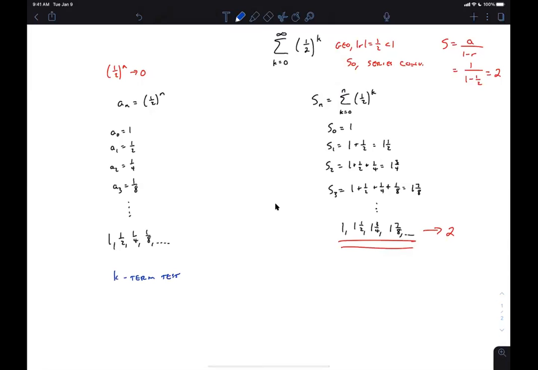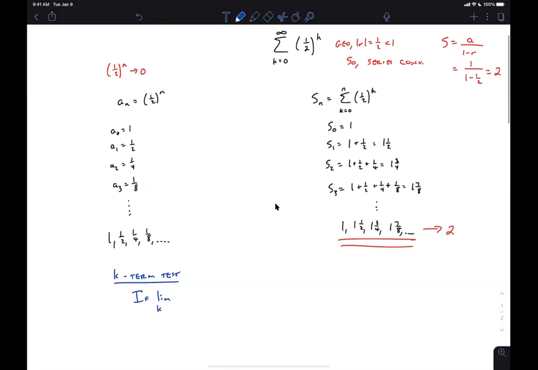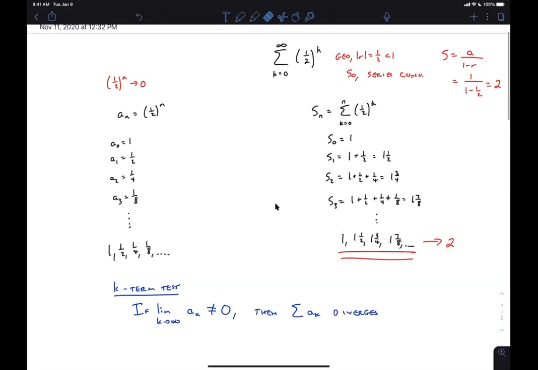And what it says is if the limit as k goes to infinity of ak does not go to 0, then the corresponding series ak diverges. And so if the sequence on the left did not go to 0, then the sum would have to diverge.